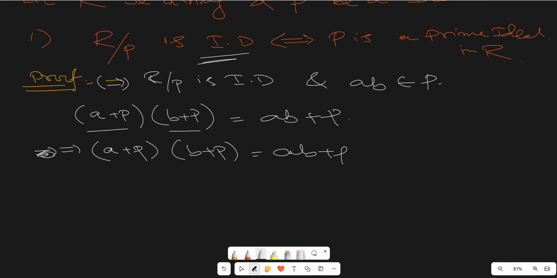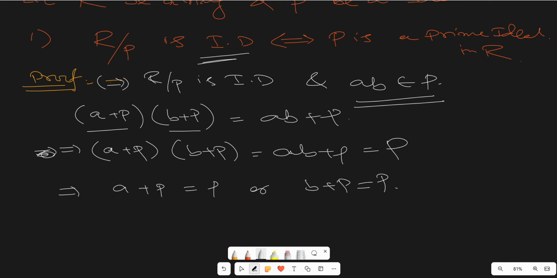AB plus P means P, because AB is a member of P. So there are two elements whose product gives 0, and you are in an integral domain, so it has no zero divisor. This will definitely imply that A plus P is P or B plus P is P.